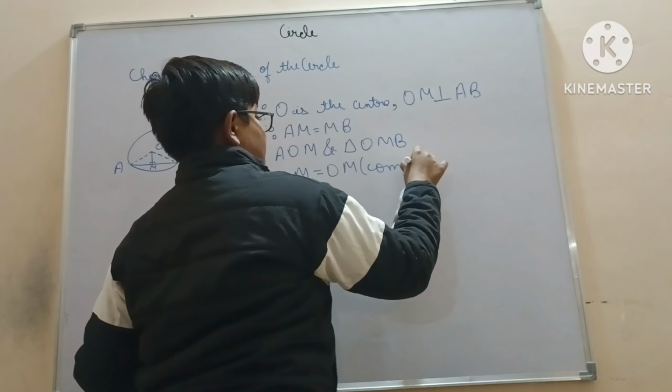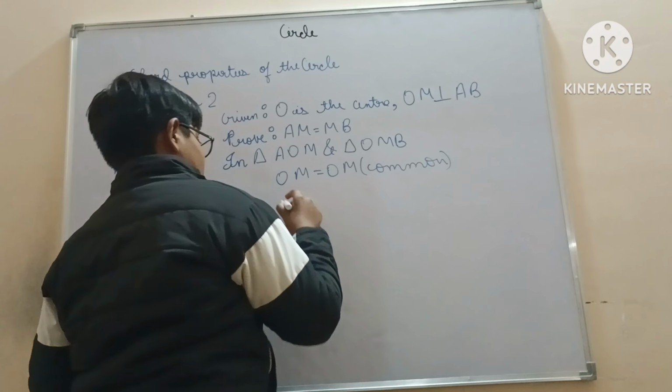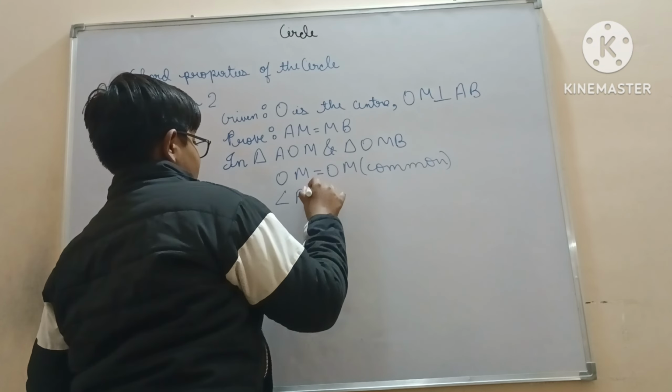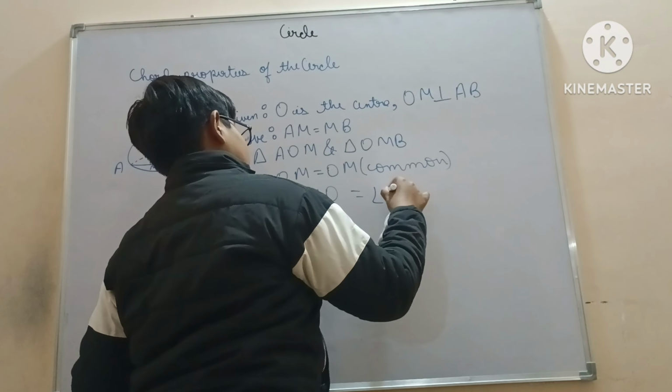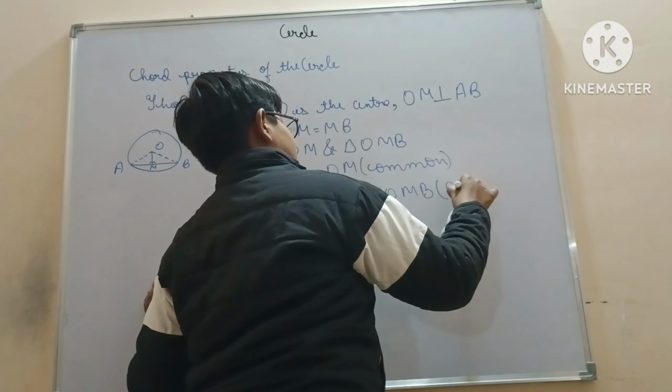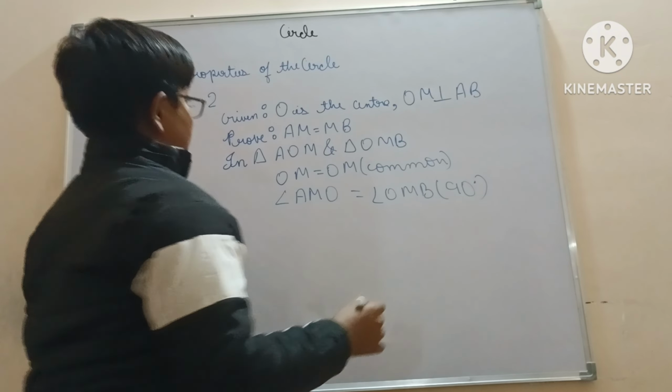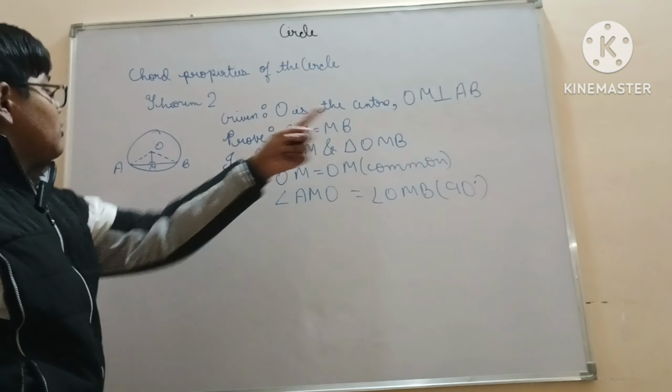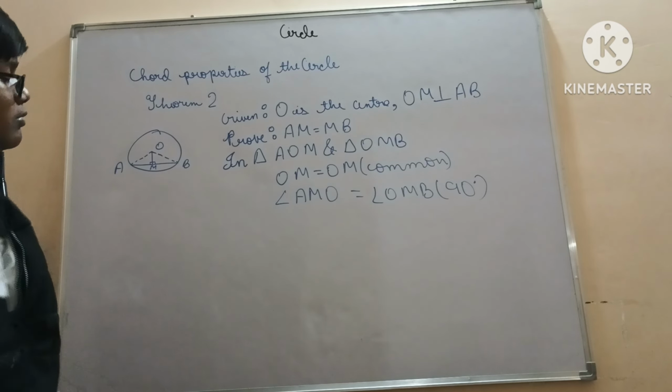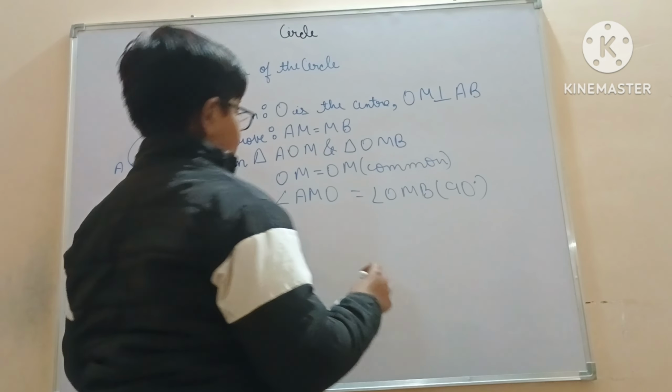It is common in both the triangles. Next, angle AMO is equal to angle OMB, 90 degrees, as it is given that OM is perpendicular to AB.